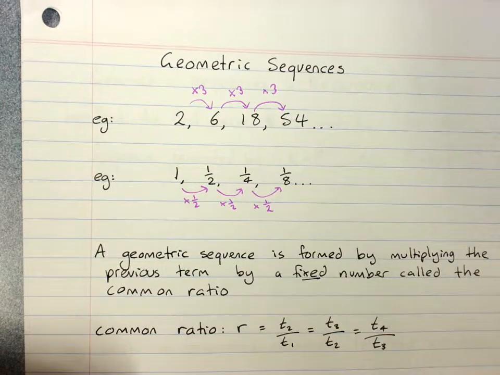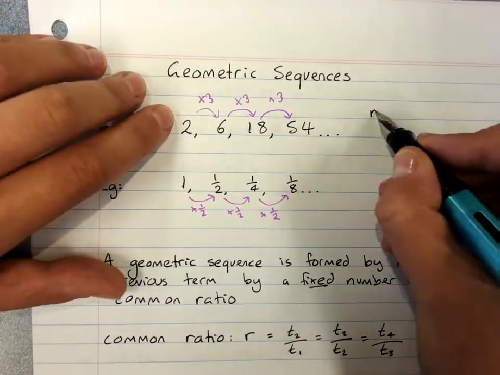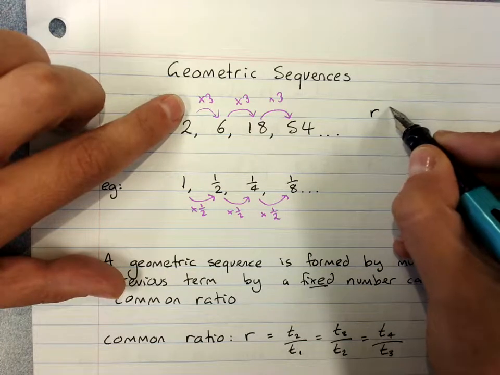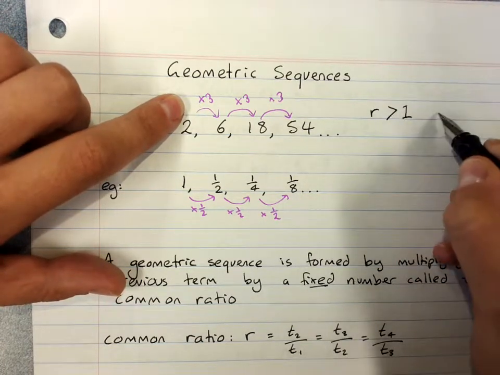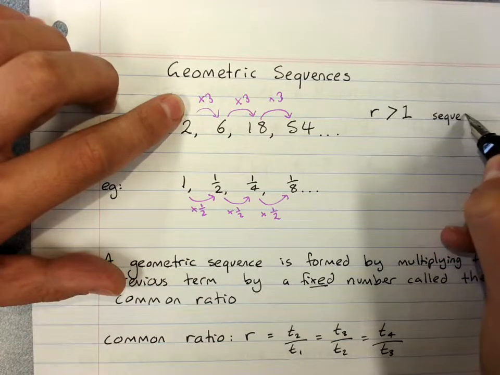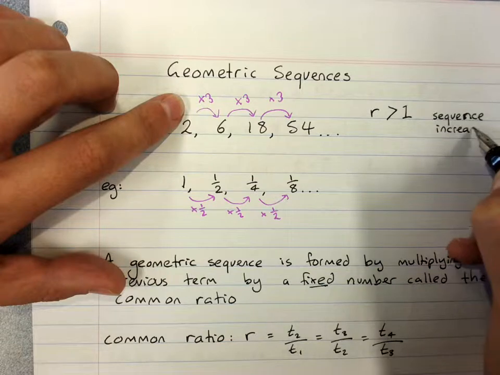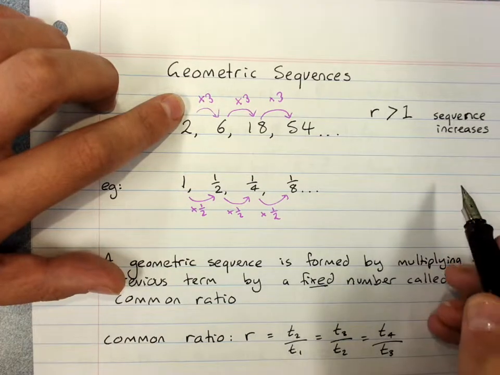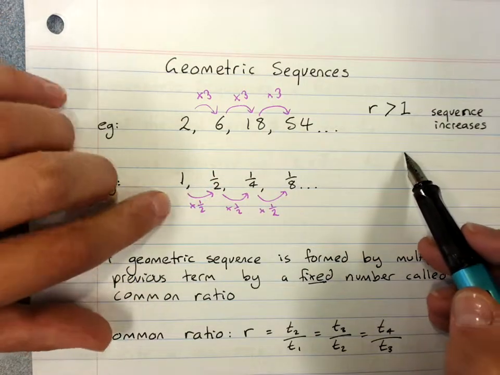Now you'll notice in these two examples that when the common ratio is more than 1, my sequence increases. So I'm multiplying it by a number greater than 1, so the numbers are getting bigger.